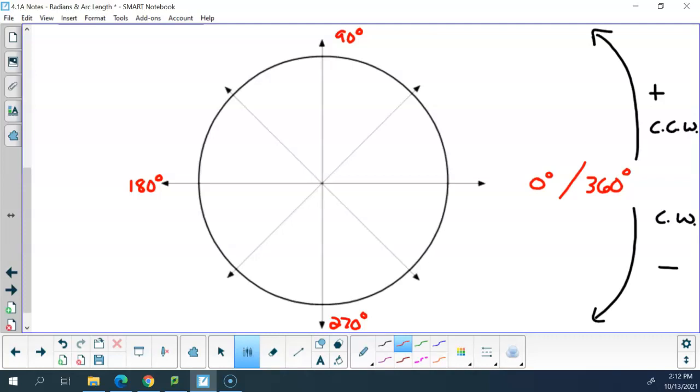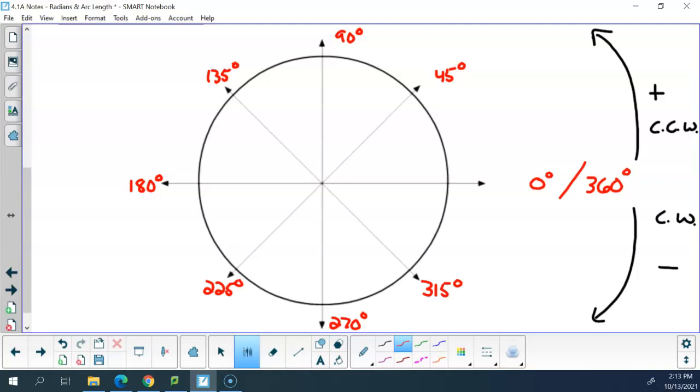Half of half of half would be 45. So if we quarter it, and then half the quarter, or eighth it, if you will, we would get 45, 135, 225, and 315. Those are all in the positive direction.